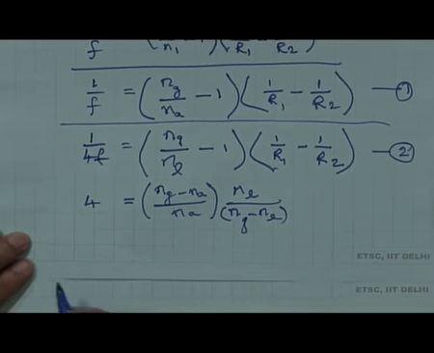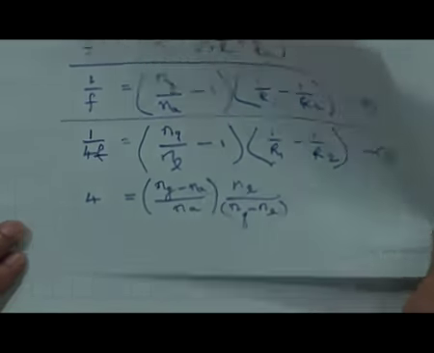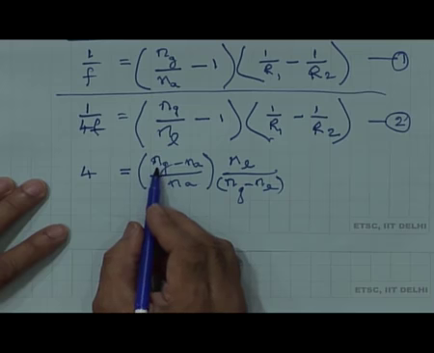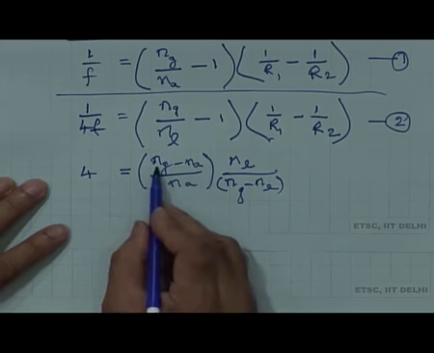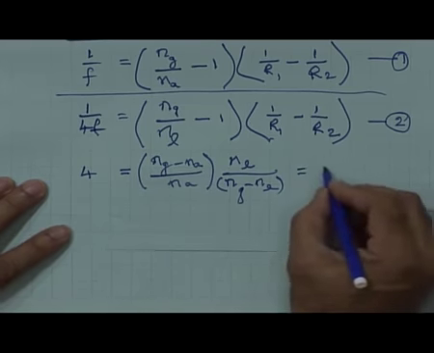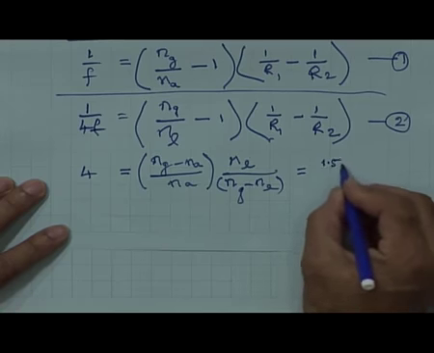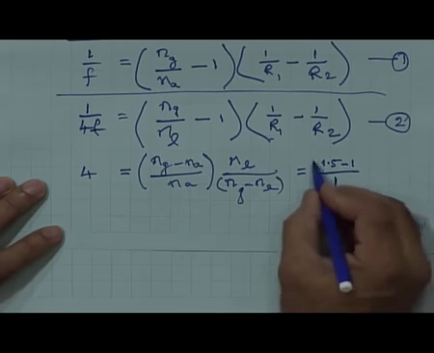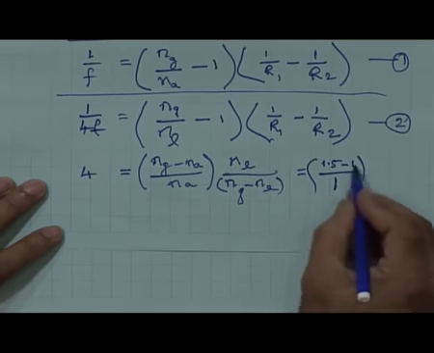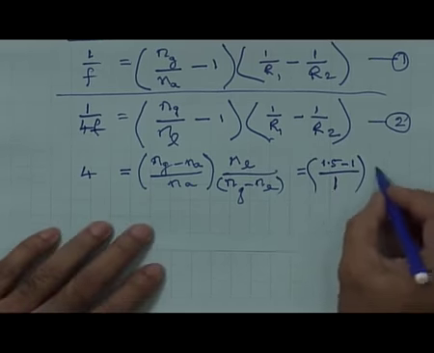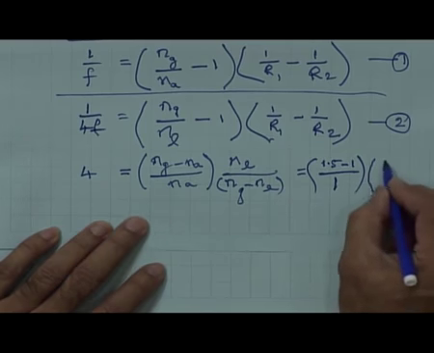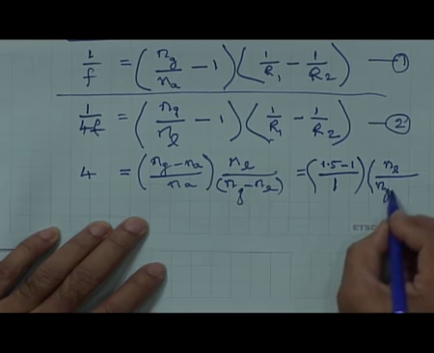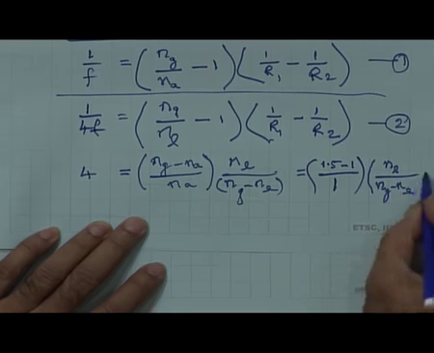That is it. Now we can substitute the values of the refractive index. Ng is given as 1.5, and this is 1. So 4 is equal to 1.5 minus 1 divided by 1, so it is simply 0.5 by 1, which is 0.5, into NL divided by Ng minus NL.